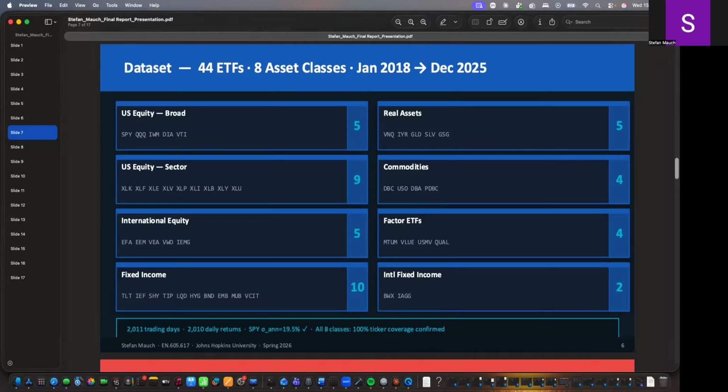And this diversification matters because the Global Minimum Variance optimizer is entirely driven by the covariances and the underlying correlations. And so the underlying fundamentals of each are different.